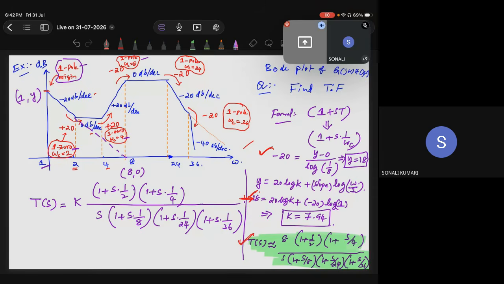So this is how you write the transfer function if the Bode plot is given. In the previous slide we saw drawing the Bode plot for a given transfer function. This is writing the transfer function for a given Bode plot.